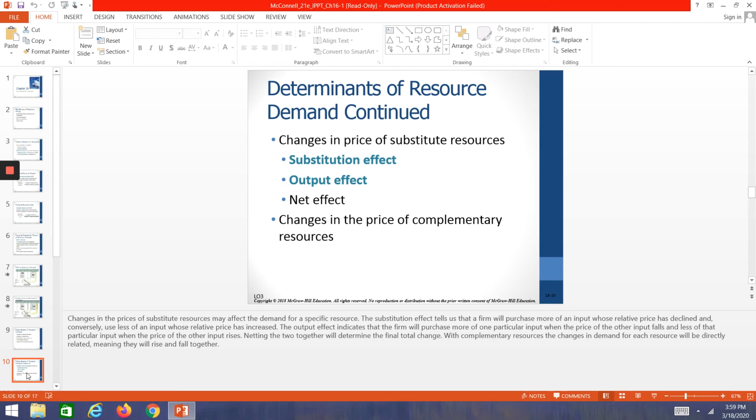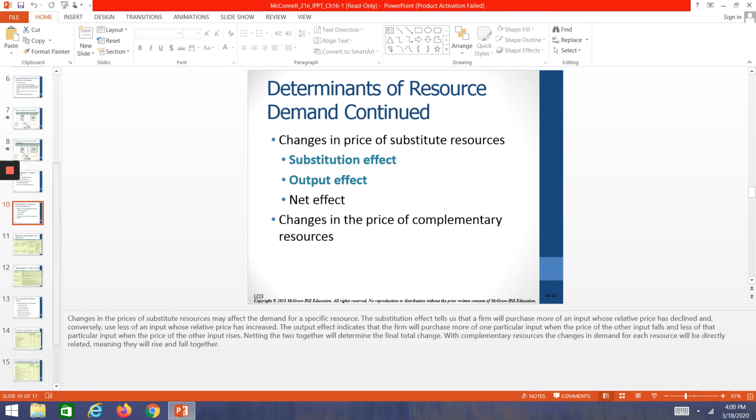And the lower price of those stilts, the more productive that worker becomes, and they can demand higher wages, particularly if they're working per hour, because they can get a lot more done in an hour by using those stilts. But those stilts don't do anything by themselves. They have to be used with a worker, just like the computer-assisted drafting computer has to be used by a worker. So an increase or a decrease in the price of those complementary resources increases the demand for that kind of labor and moves the curve to the right.